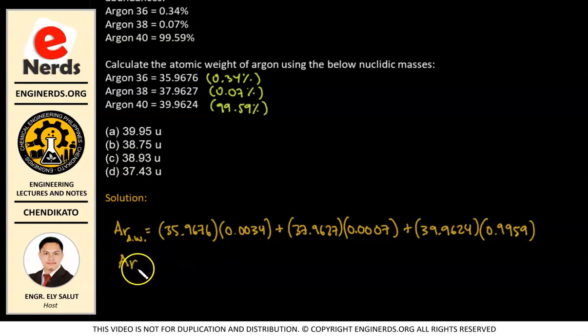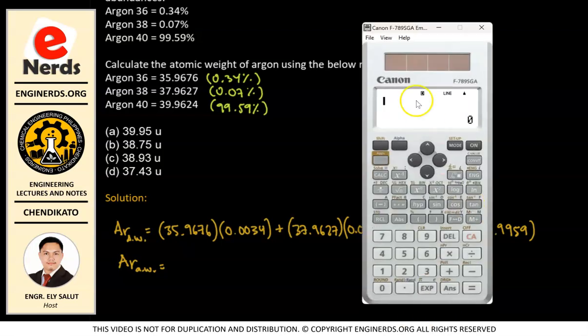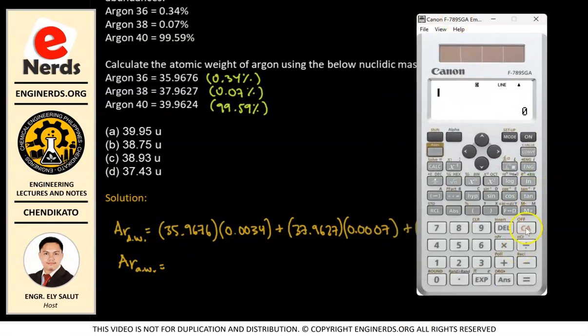Now we have to use our calculator in order to get the atomic weight of argon. So let's bring out our calculator and start our computation.